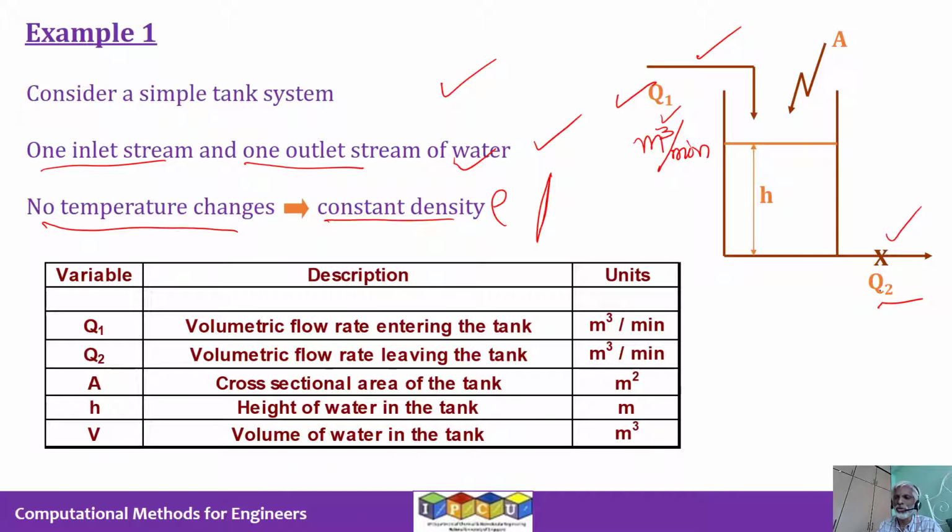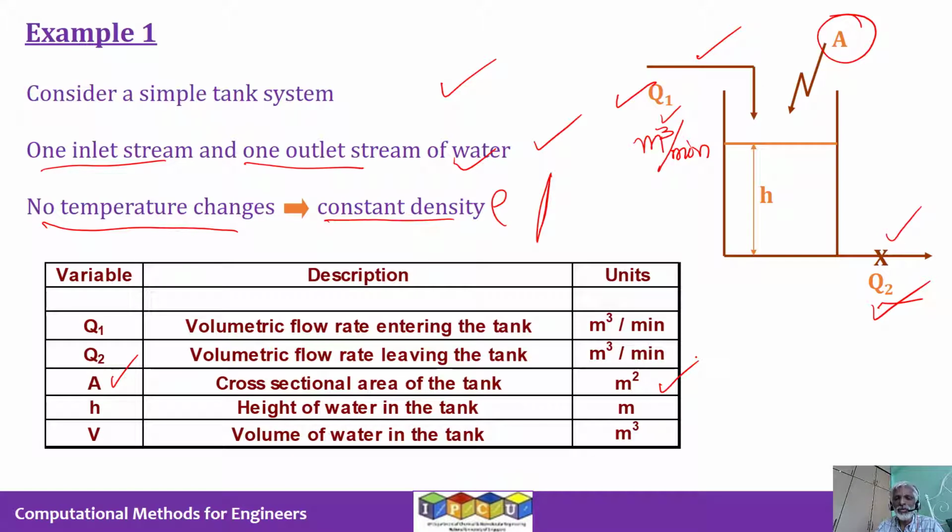The same goes for Q2, which is the volumetric flow rate of water leaving the tank, also in meter cube per minute. The cross-sectional area of the tank is denoted by the symbol A, with units of meter squared.